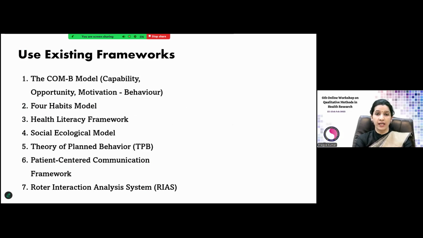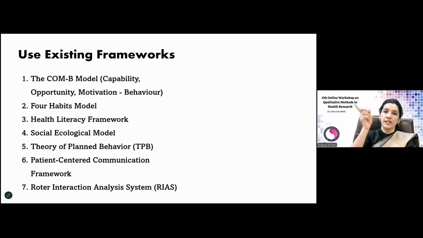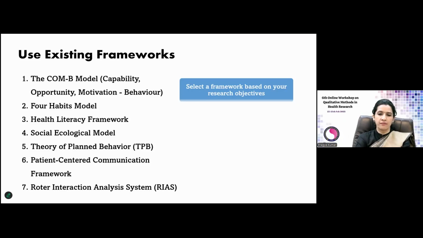It's best to review one article related to these frameworks, because AI is good for initial workup, but you should cross-check it with the actual reference, whatever it is saying, to see whether there are any deviations from the actual framework or not. So you can select a framework based on your own objective and then adapt to that framework.